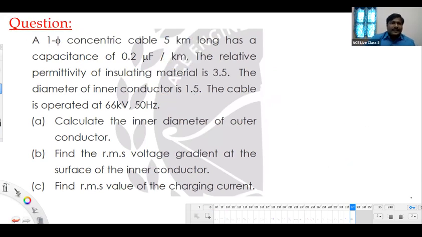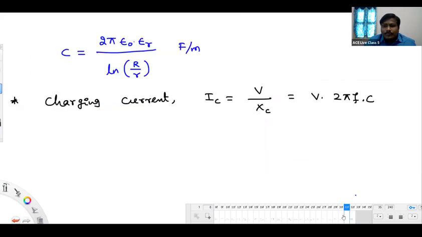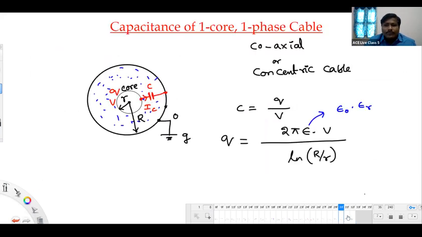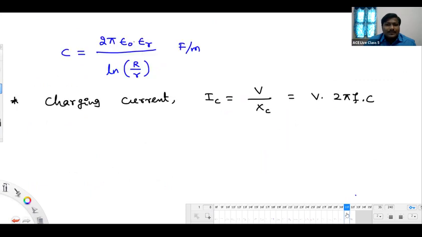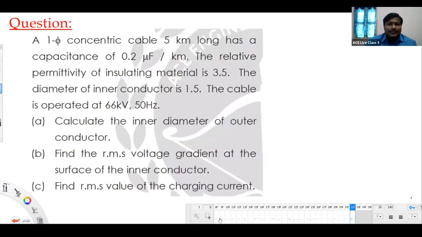A single phase concentric cable 5 kilometer long has a capacitance of 0.2 microfarad per kilometer.